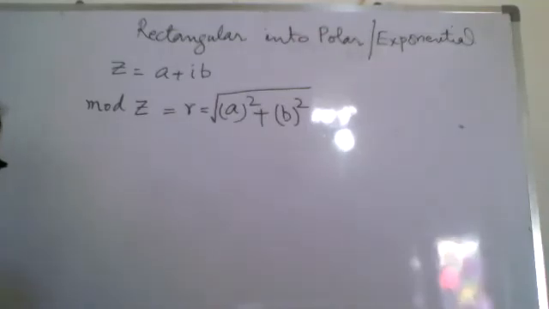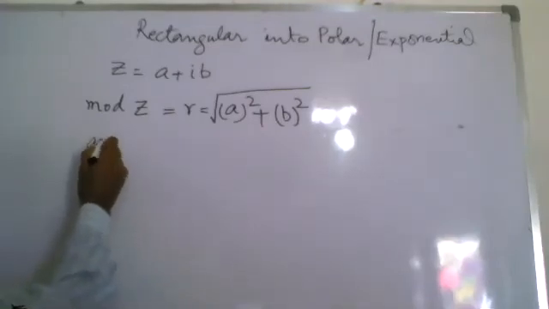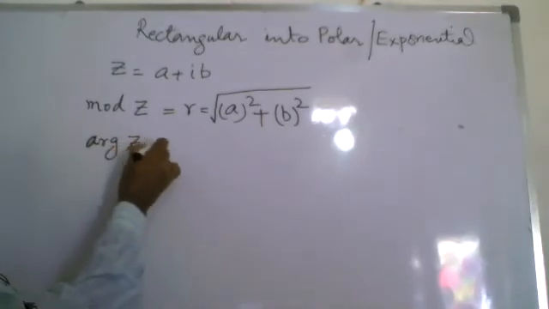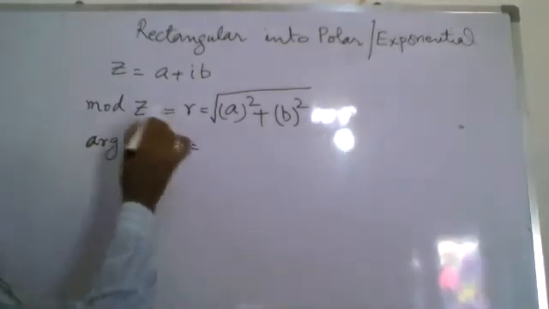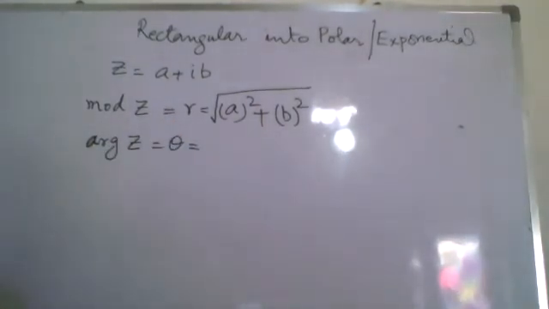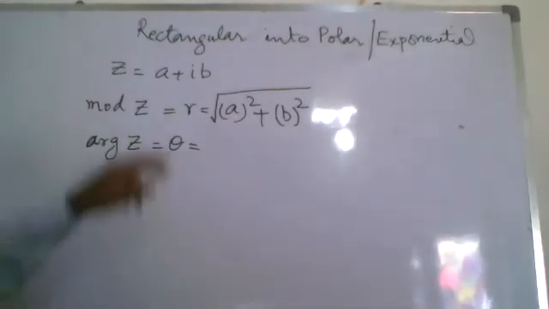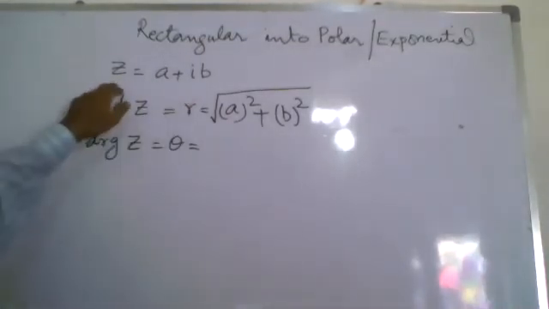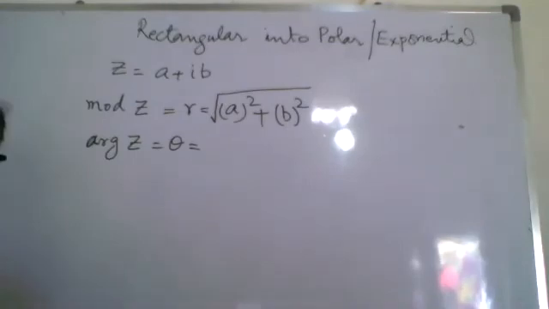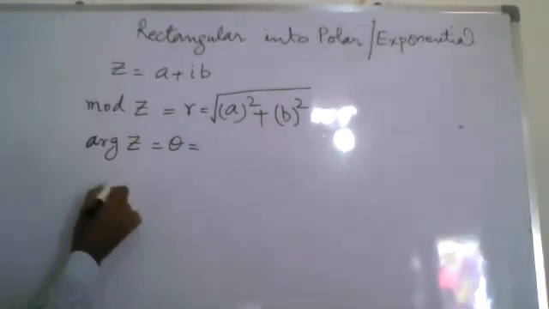Now how to find theta, the argument? Before finding theta, you must know in which quadrant a plus iota b, z, will be. If z is in the first quadrant, how to find theta?